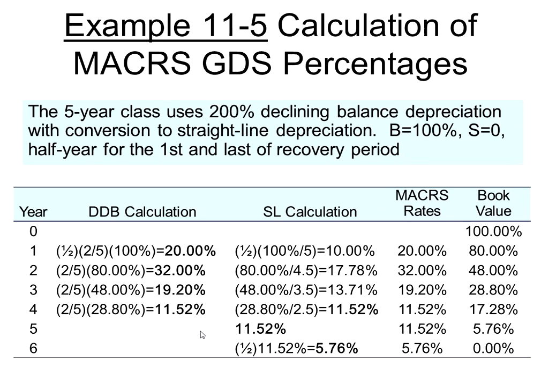And then for year 5, this gives us again 11.52, because this is where we switched in year 4 to the straight line. And then the last one is only half, so it's 11.52 divided by 2, so that's 5.76.